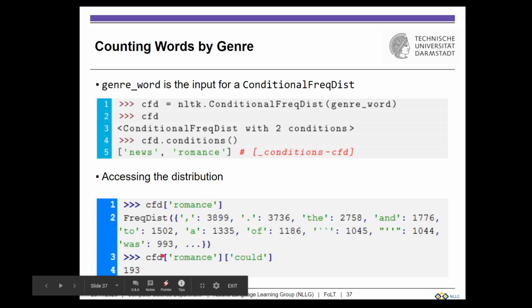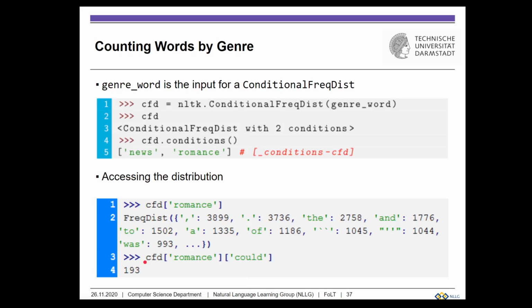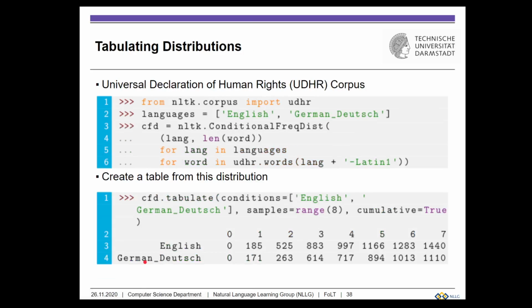And if we want to check out a particular word, such as could, which we don't see up here, how often it occurs in the Romance genre, then it will tell us that it is 193 times.